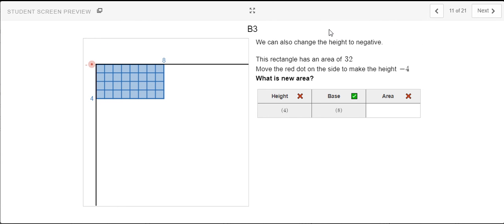We can also change the height to negative. Right now this one has an area of 32 because 4 times 8 is 32. But if I make this side negative, so instead of being 4 it becomes negative 4, then negative 4 times 8, you see how the whole area is now red? The whole area is now negative 32. So when one side is negative, it flips the area over and makes it into a negative answer.